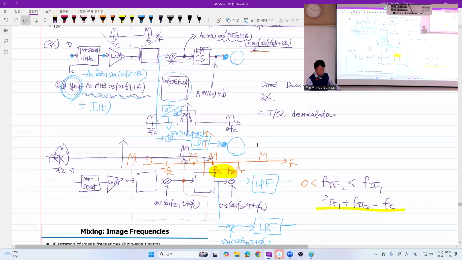So a two-stage down conversion receiver can replace a single stage or direct down conversion receiver with more RF components.